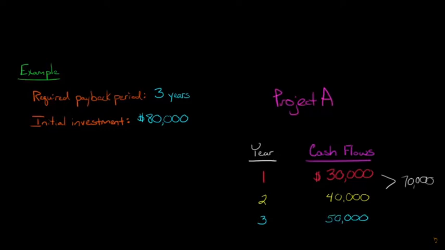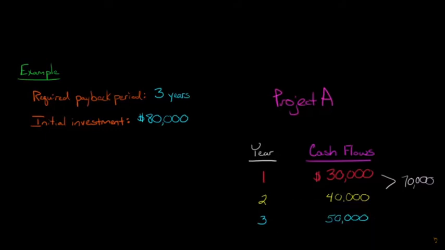If you remember, we put up $80,000, so the project hasn't quite paid for itself yet. We're still $10,000 short. But when you look at year 3, we're receiving $50,000, and we were just $10,000 short. So this project is definitely going to pay itself back sometime during year 3.